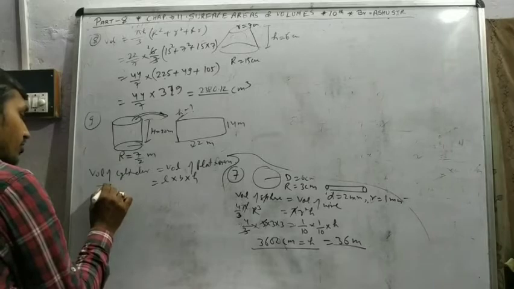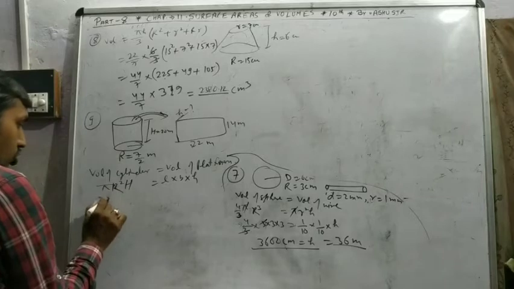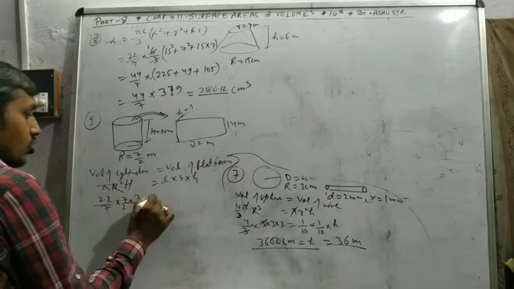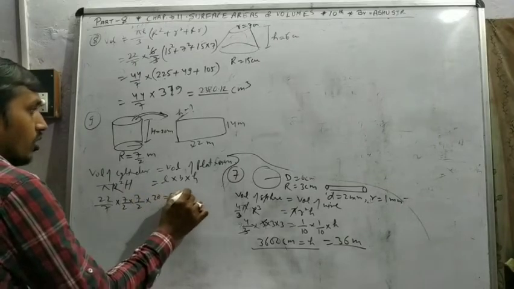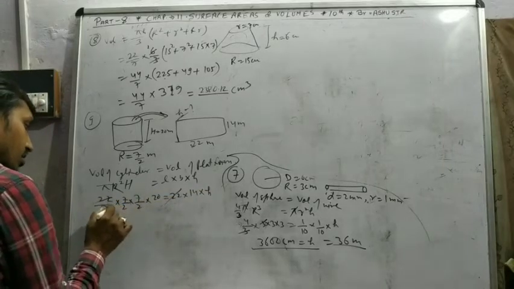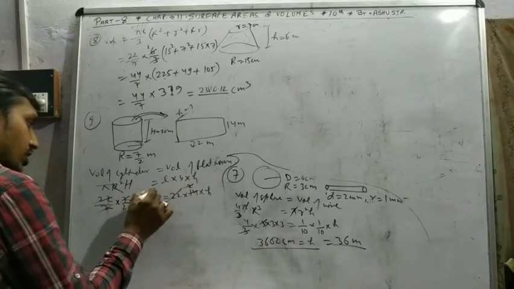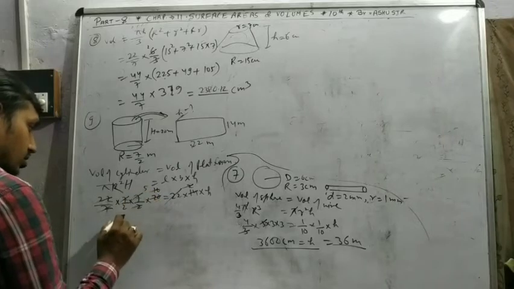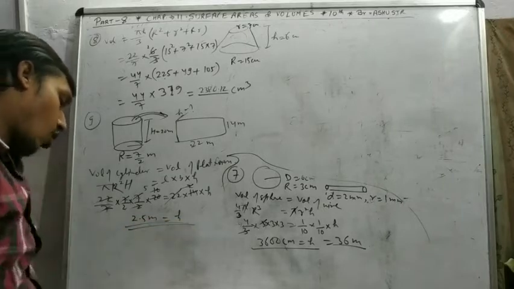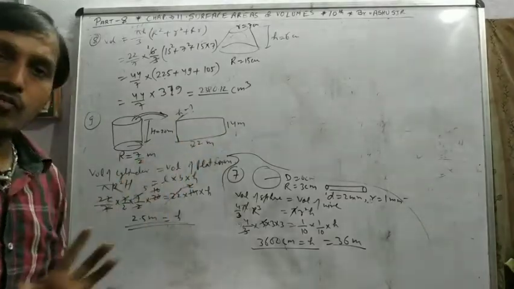Cylinder is pi r square h. 22 by 7, 7 by 2, 7 by 2, 20, length 22, breadth 14, height unknown. 22 cancels, 7 cancels, 7 into 2 is 14 cancels, 2 into 10 is 20 cancels, 2 into 5, that is 2.5 meter. The height of the platform formed by all the soil spread evenly is 2.5 meter.